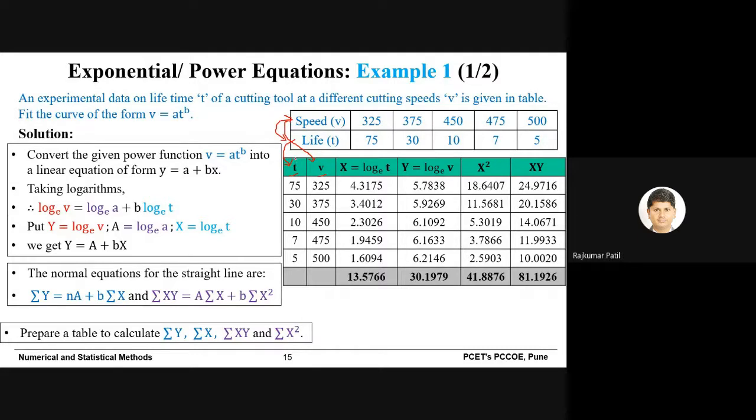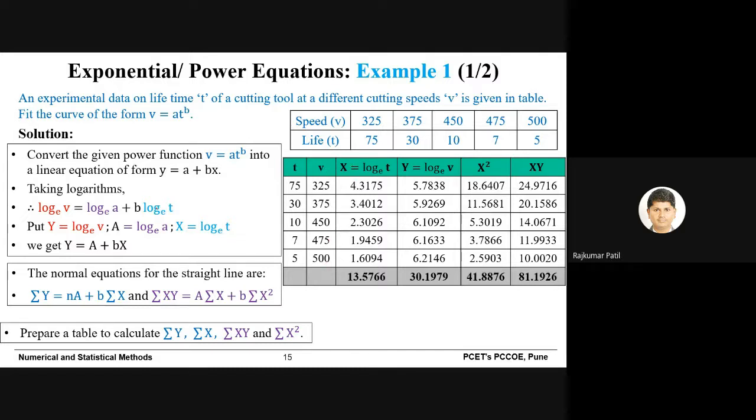That's why we are taking t here and v here. Or you can go in any way, that depends on you. So the values of t are 75, 30, 10, 7 and 5. So we entered the values correctly in the table. Similarly, v is 325, 375, 450, 475, 500, correct.